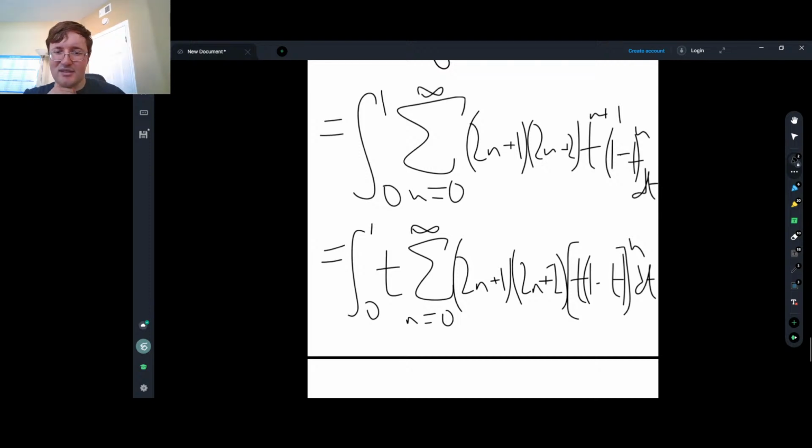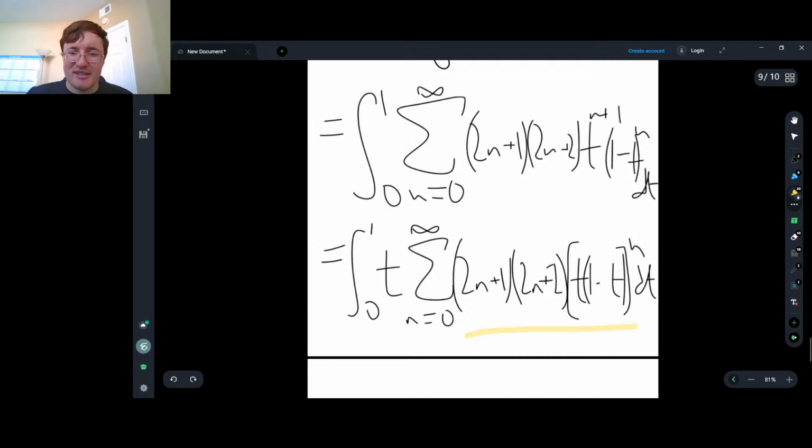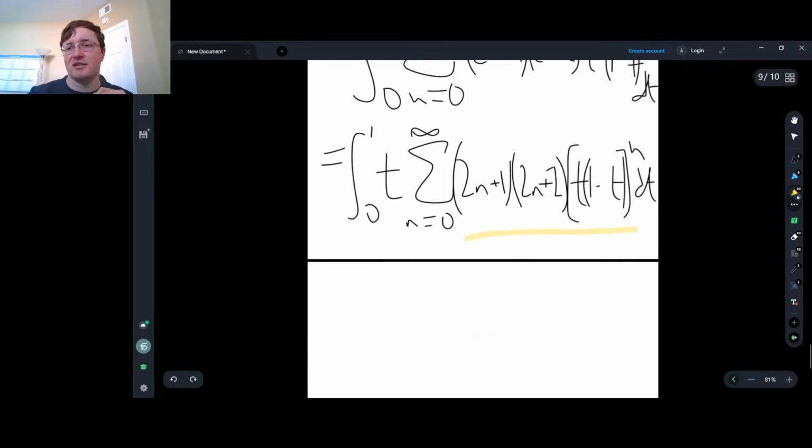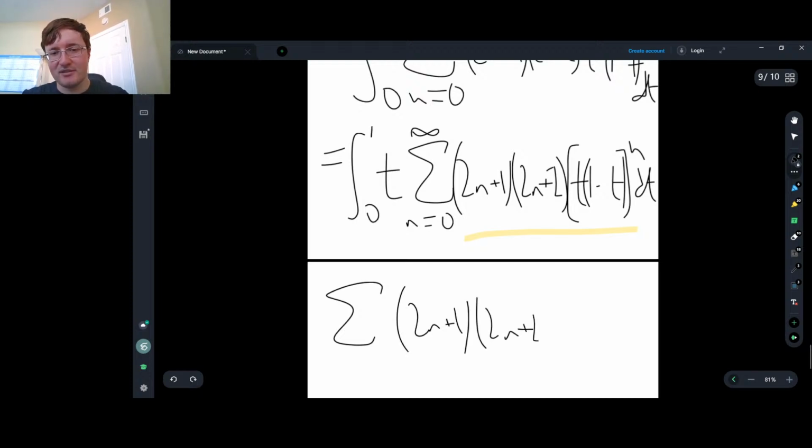Now, if I replace t times 1 minus t with just an x, that power series should be pretty nice. I'm trying to think of what it would be. So, sum of 2n plus 1, 2n plus 2, x to the n.